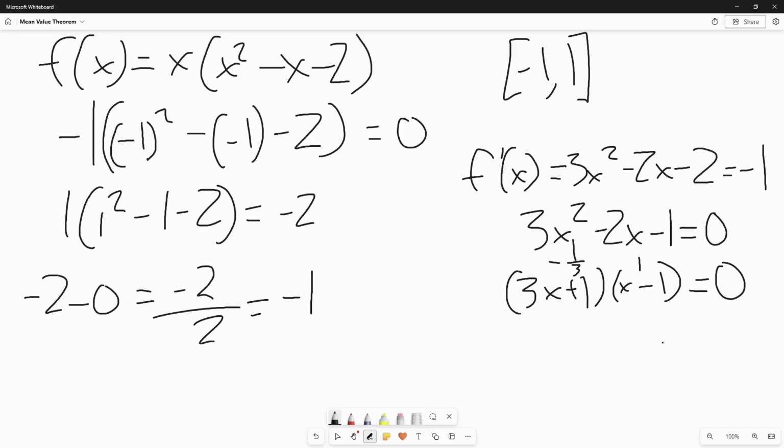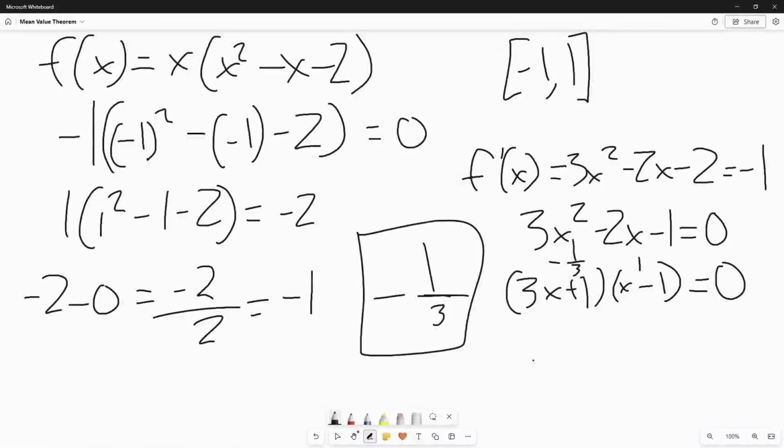But if you listened closely during the explanation, I said that the mean value theorem only guarantees the x values that are in between this interval without the brackets, so the open interval, meaning with parentheses. So even though we found that x equals 1 has the same slope as the secant line, that's not what the mean value theorem guarantees. Instead, it guaranteed the value of -1/3, which is what we were looking for.